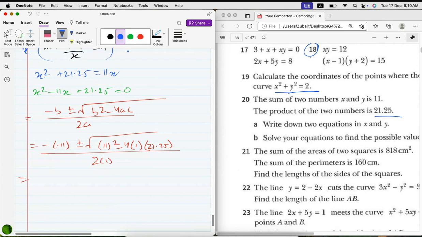Punching this in the calculator, I'm getting 8.5 exact with the positive sign in between and 2.5 exact with the negative sign in between.